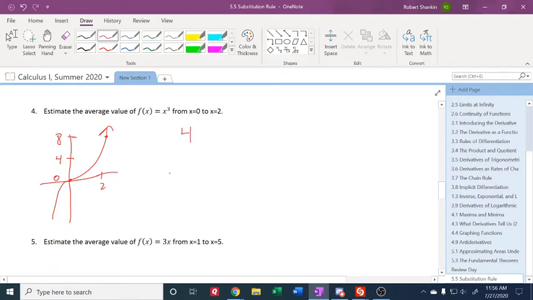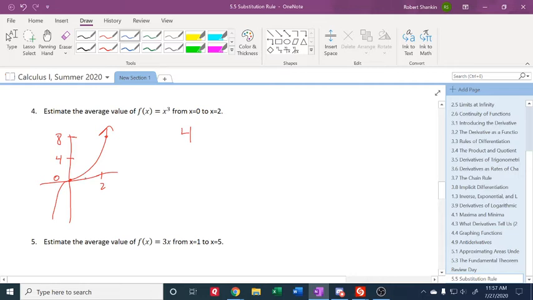No? Why not? Because you have 3 x values instead of just 2. So the average height would be 0 plus 1 plus 8 divided by 3. Ah, very good. What you're kind of saying is, when x is 1, you're way down here. You're not at the halfway point right up here.